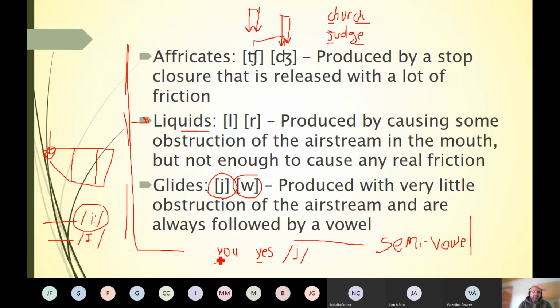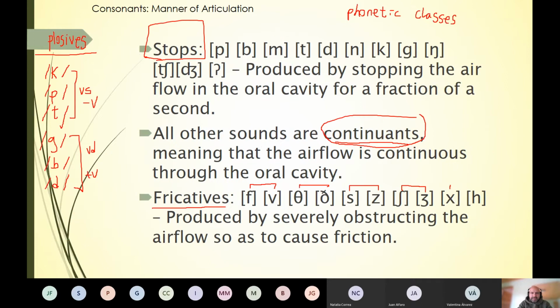Yes, you. So when you're saying yes or you, you should feel the back of the tongue touching right this area. Yes, right. You.